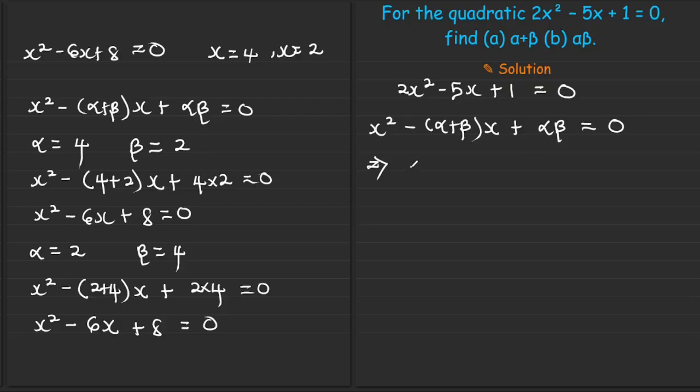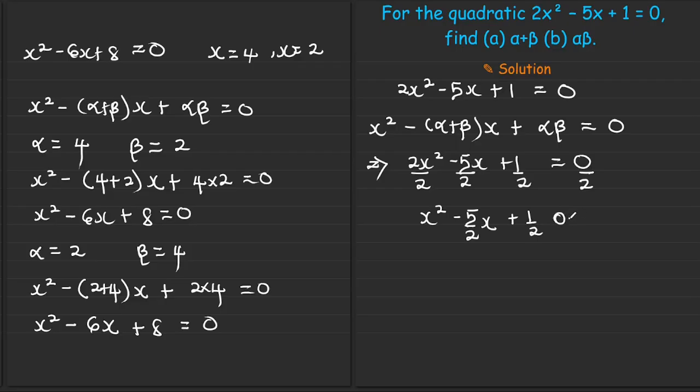So for the 2x squared minus 5x plus 1 equals 0, we are going to divide this by 2, divide this as well by 2, and also divide this by 2. With that, these two cancel out to give us an x squared. Then negative 5 over 2, so 5 over 2 x, and then plus 1 over 2 is equal to 0.